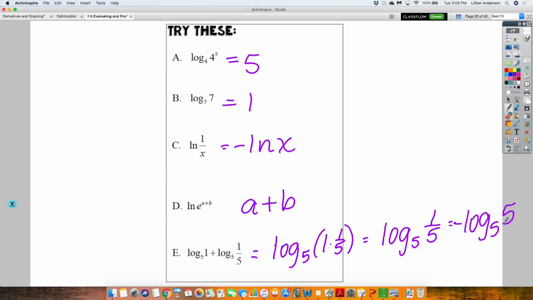And what's log base 5 of 5? So this becomes negative 1. We used the multiplication rule to simplify, we used that one special rule to bring the negative out front, and then we used the other special rule: log base 5 of 5 is 1. This gets easier as you continue to practice them.